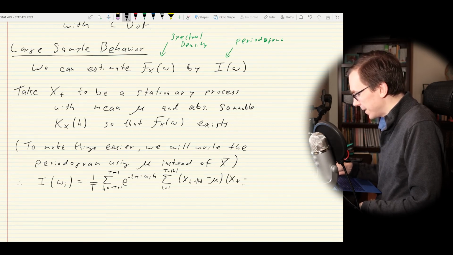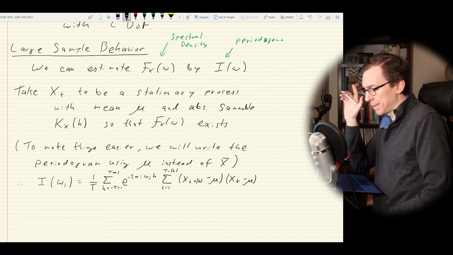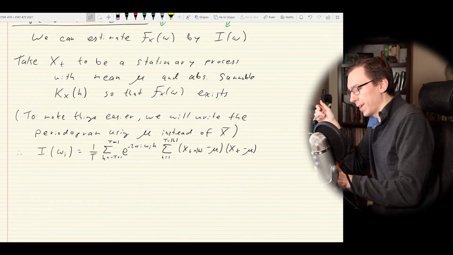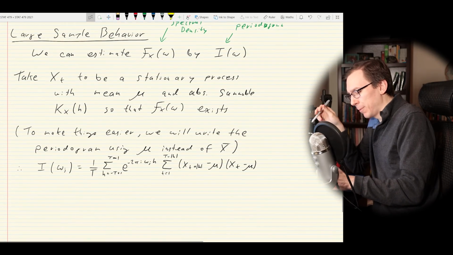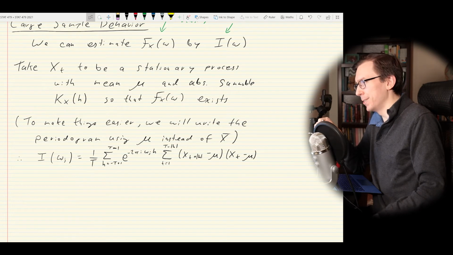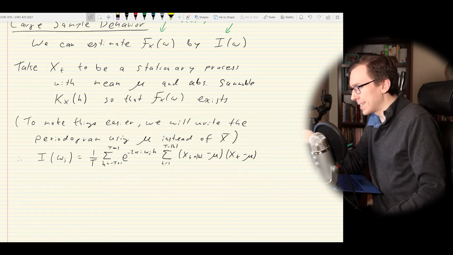Okay, so this is the periodogram, only I'm using the same formula that we found above when we were trying to show that the periodogram is closely related to the autocovariance and the spectral density.